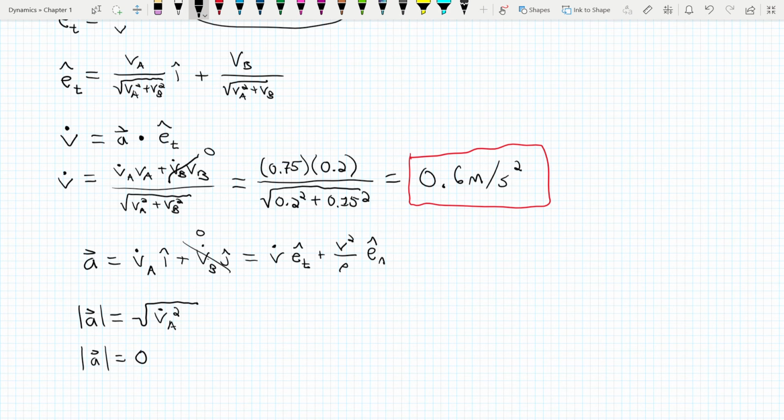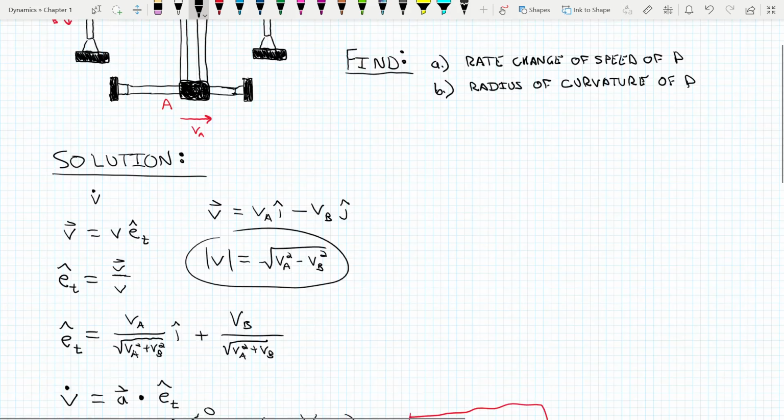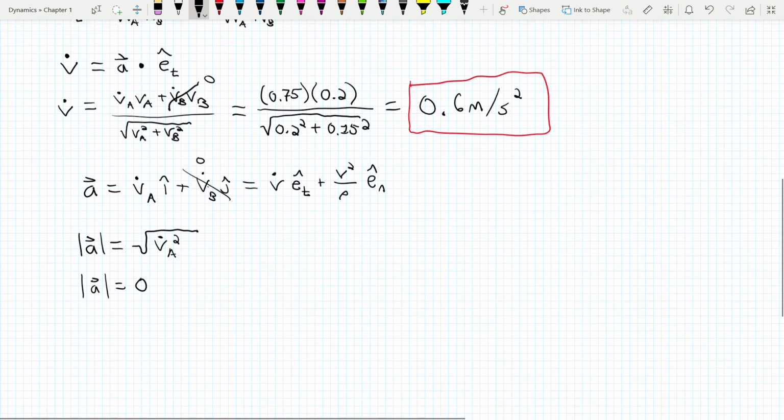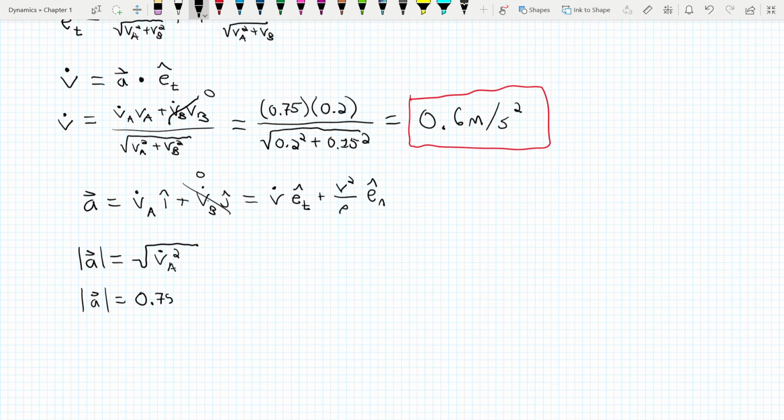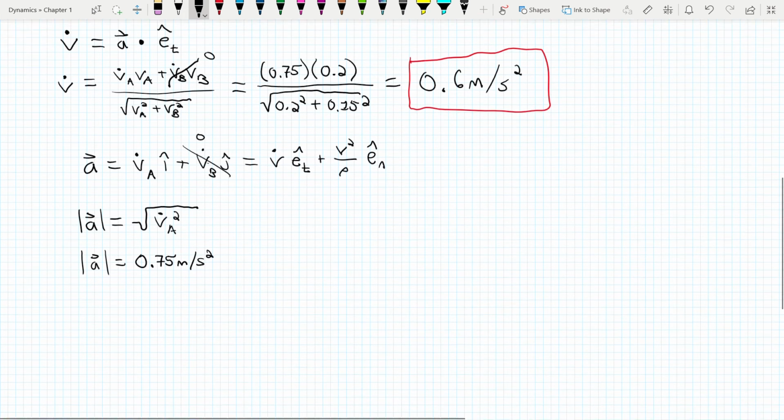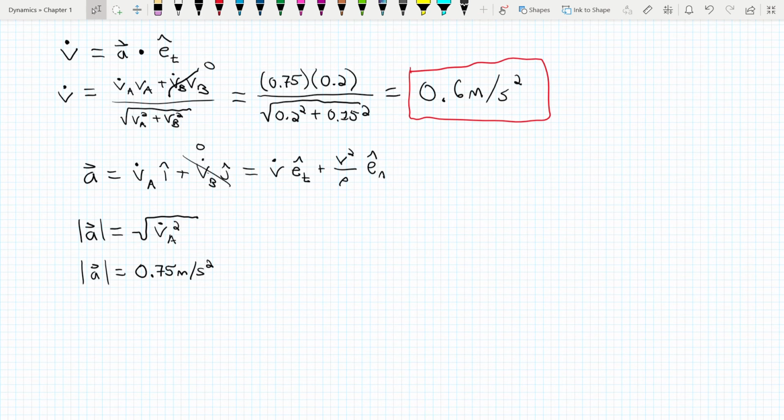So this stays 0.75 meters per second squared. And then if we write the other side with the absolute value being equal to the magnitude, we get V dot squared plus V squared over rho all squared is equal to the magnitude.